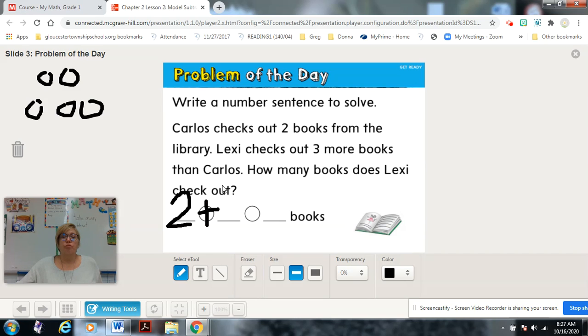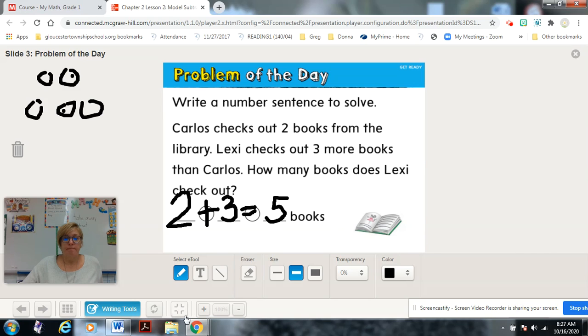And she got 3 more books than Carlos. And they want to know how many books Lexi checks out. So we're going to put an equal sign. Symbols are important. And let's count. 1, 2, 3, 4, 5. And I'm going to print the 5. Okay? So check your work.